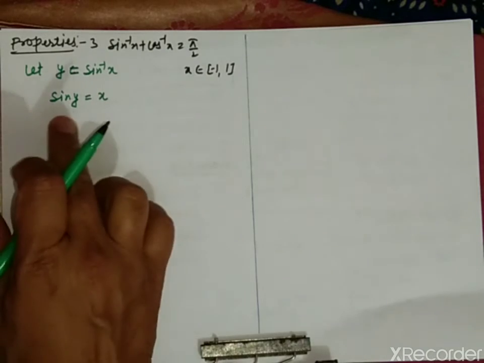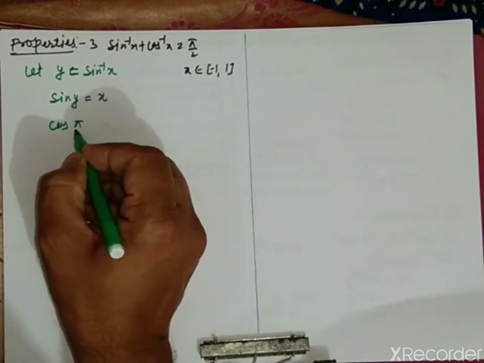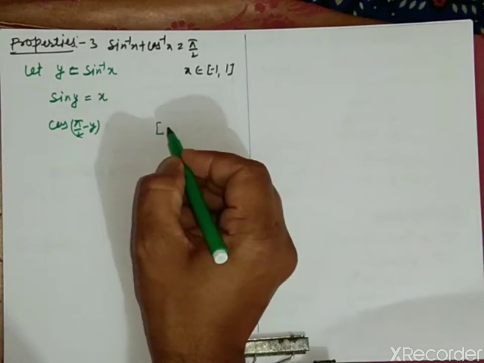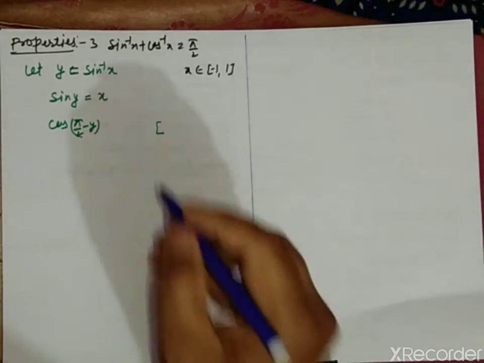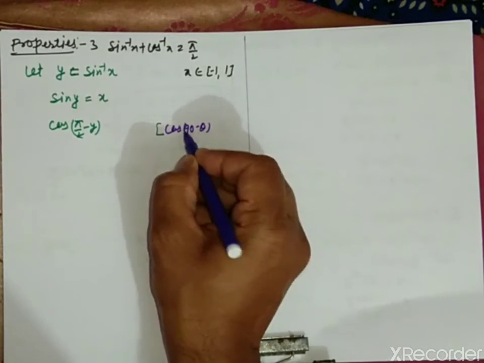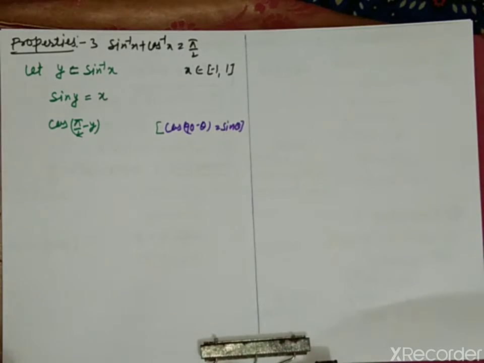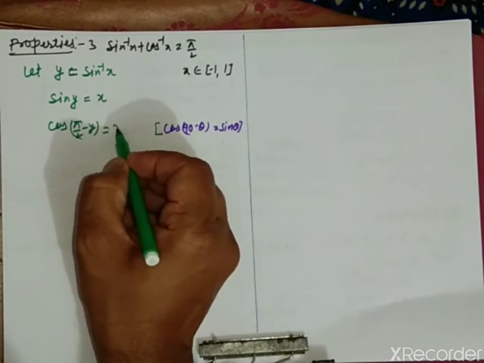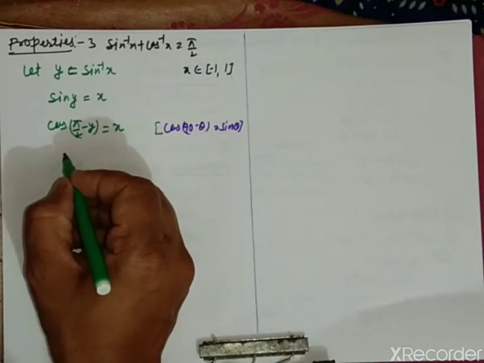Clear? Now sin y can be written as cos pi by 2 minus y, and the identity we use is cos 90 minus theta is equal to sin theta. Clear? So cos of pi by 2 minus y is equal to x.